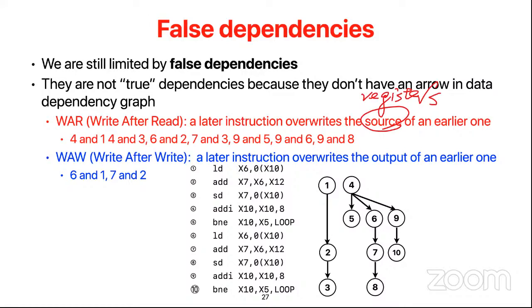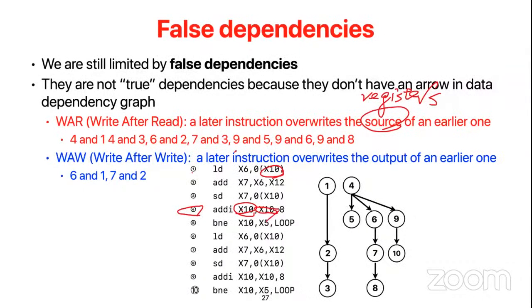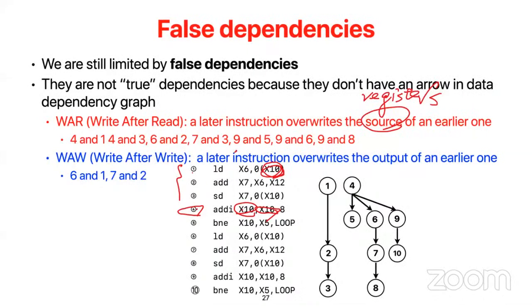So the big issue here is that for instructions 1 and 4, although they do not have a data dependency, instruction 4's X10 is not coming from instruction 1 or 3. However, instruction 1 depends on an earlier X10 that will later be overridden by instruction 4.